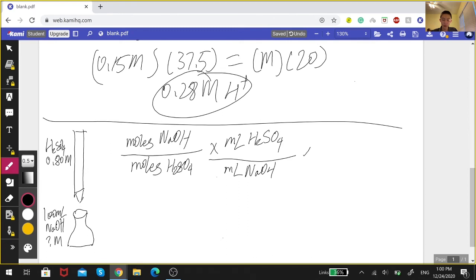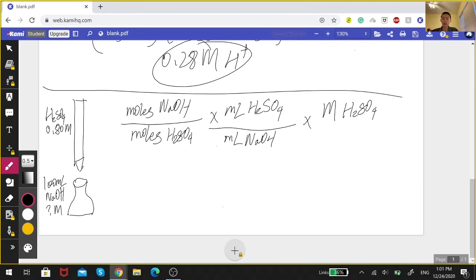And finally, multiply by the molarity of what you're titrating with, in this case the acid H2SO4. By using this formula, it will get you the concentration of the base, the concentration we're looking for.